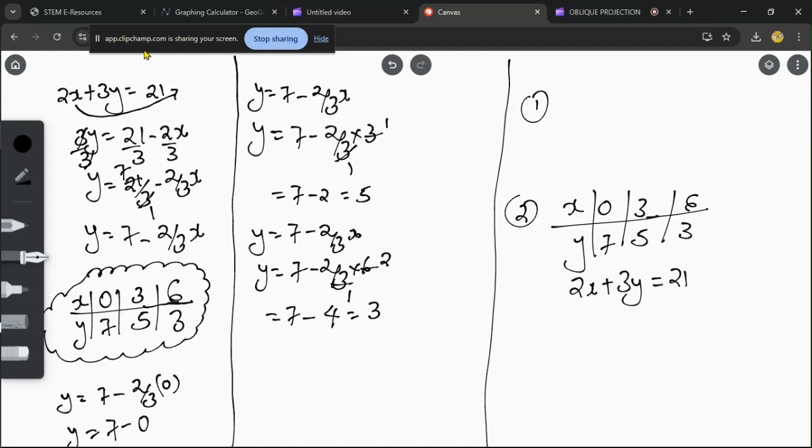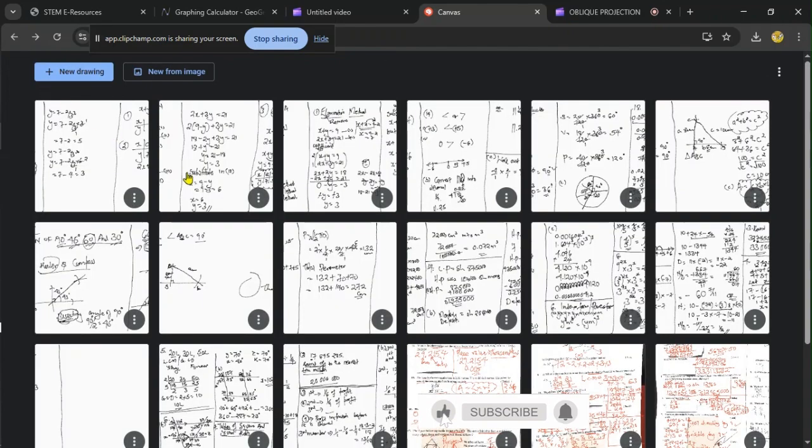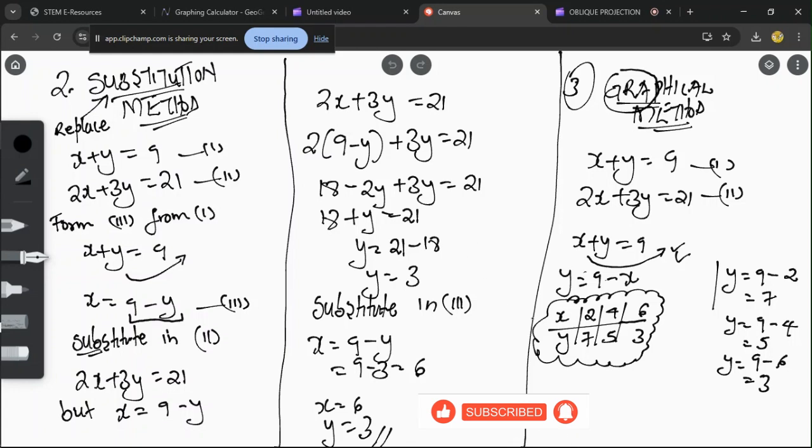The other one, the first equation, was x plus y is equal to 9. It was x, y. Then we had 3 values. Let us check for the 3 values. I believe this was the table: 2, 4, 6.